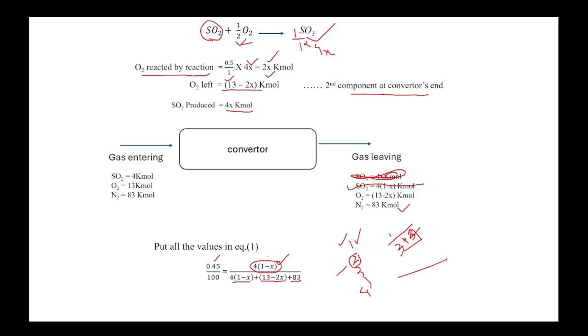Similarly, I want to calculate the concentration of SO2 at the end of the reaction, not including SO3. This is given as 0.0045. On calculating, the value of x is the final value. So the percentage SO2 converted is 89.35%.